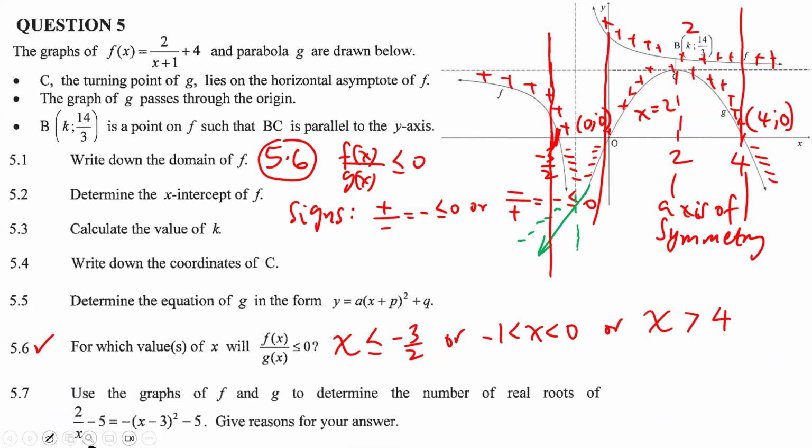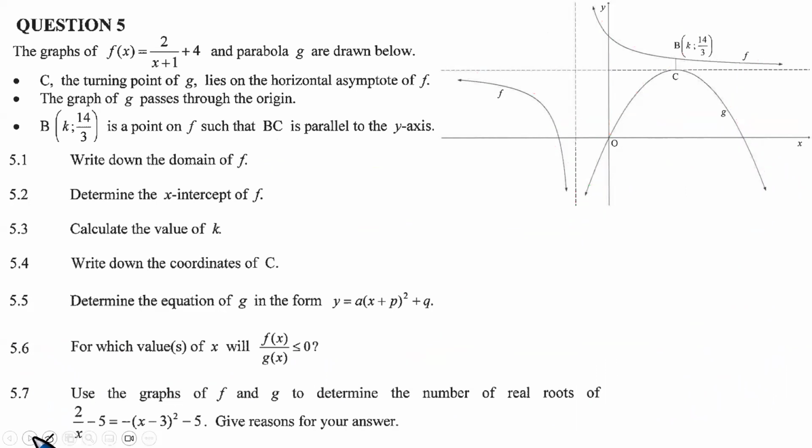The next thing we're going to do is to answer the question about 5.7. 5.7 is this one, and that is what we are looking at the moment. Right, so to look at 5.7, let us reason together.